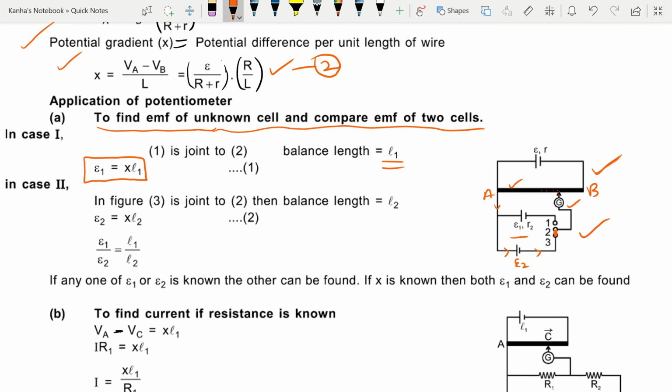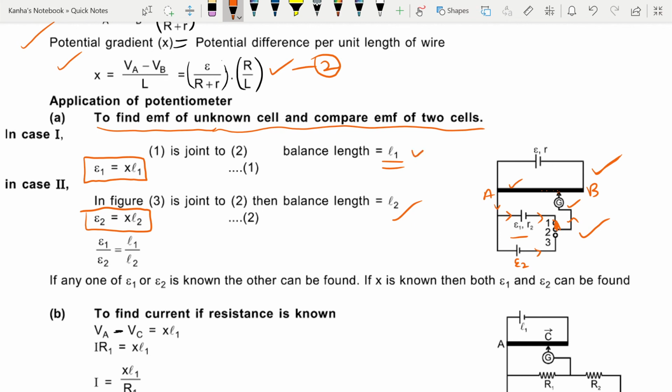So I can write my epsilon 2 as X into whatever length I get in the potentiometer wire. So these are the 2 circuits. In the first one, when I connected 1 and 2, the current flew through this path, because this is open right now. And in the second one, current flew through the second EMF, or the second battery.